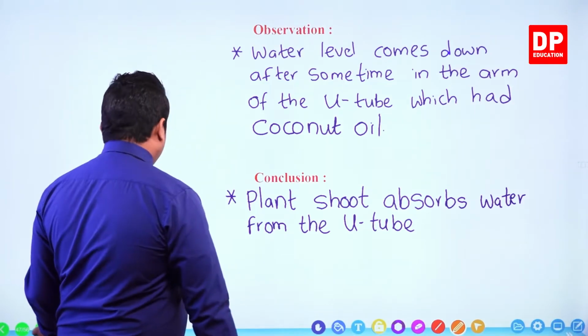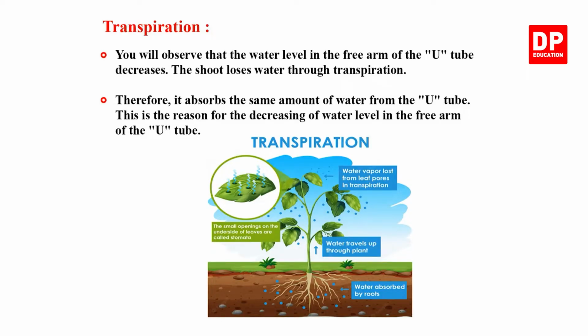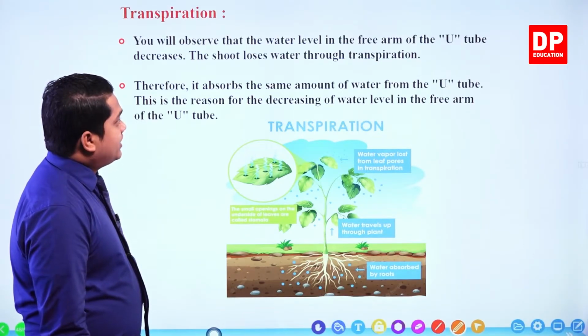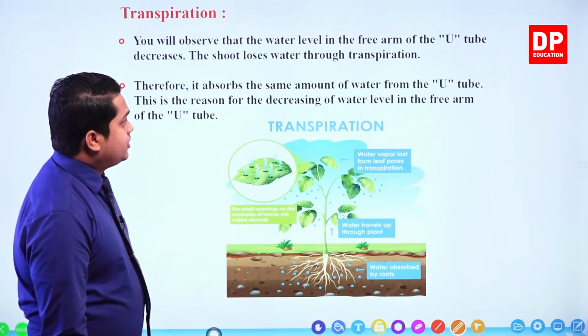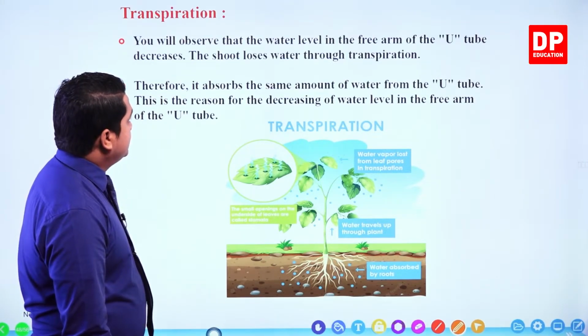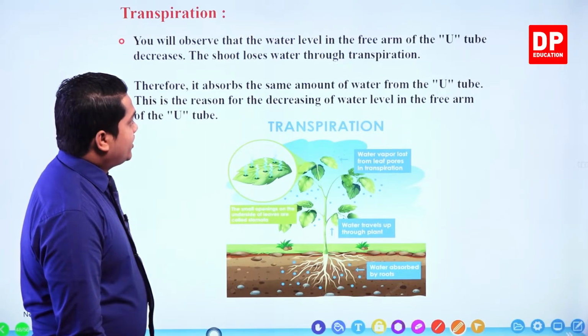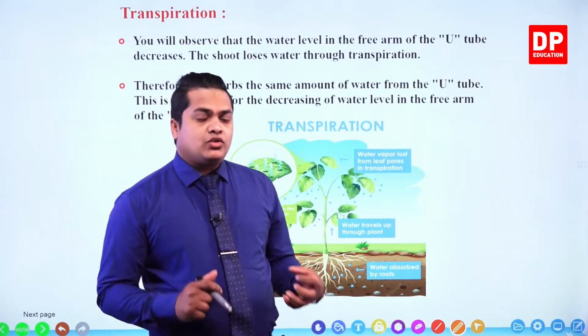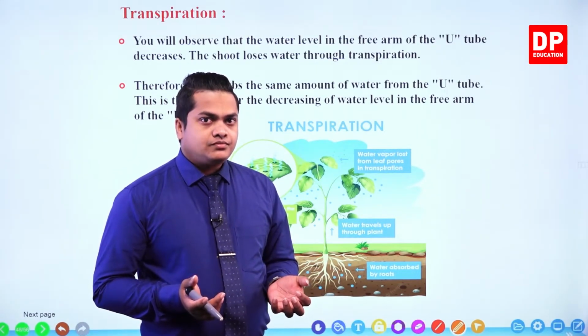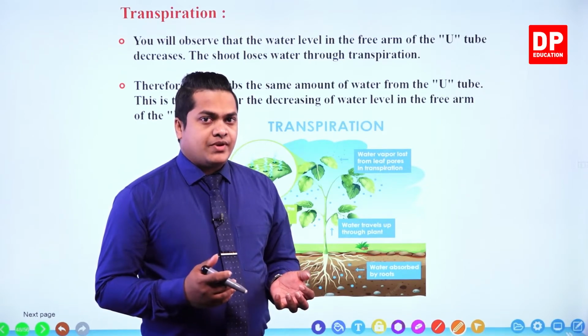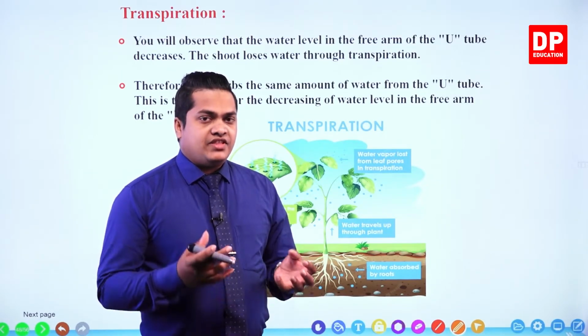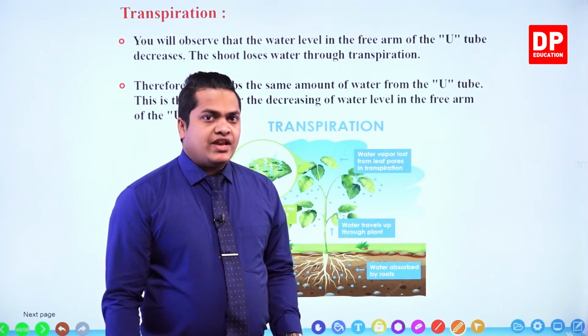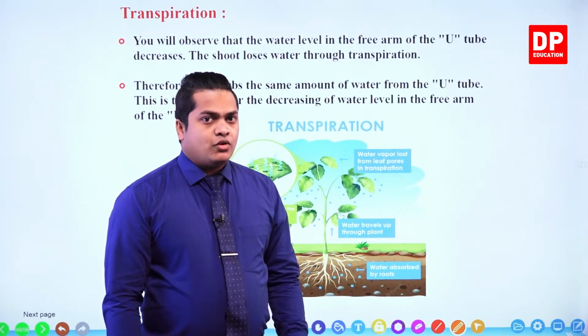Right then. So my dear children, once again a good explanation for the transpiration process is given. You will observe that the water level in the free arm of the U-tube decreases. The shoot loses water through transpiration. Upon transpiration, water contained within the plant shoot is released to the environment in the form of vapor.